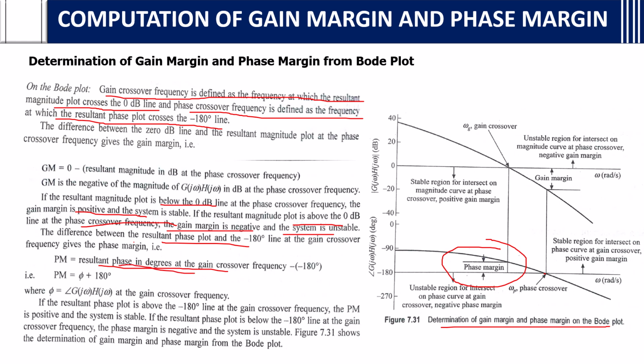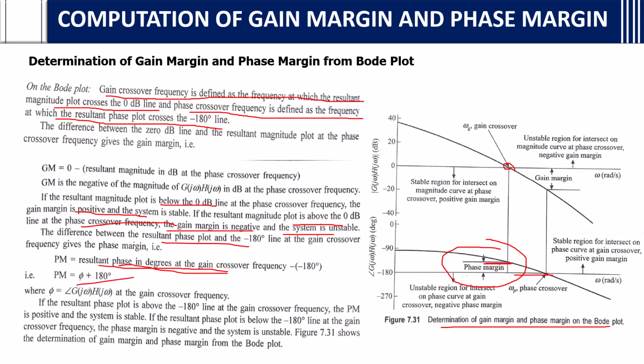See, this is the gain crossover frequency. This is the angle at which you get the gain crossover frequency, minus of minus 180 degree. You will get the phase margin, that is phi plus 180 degree.